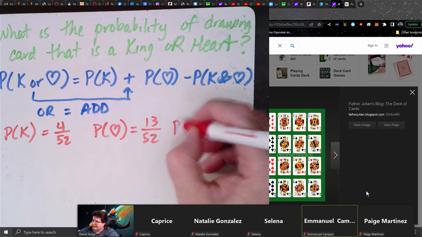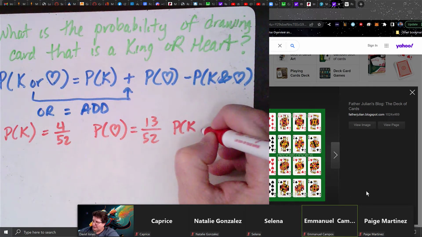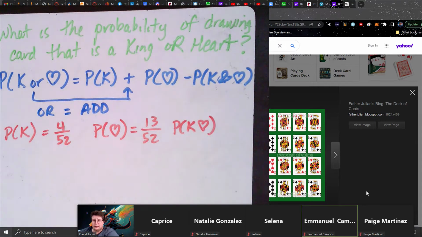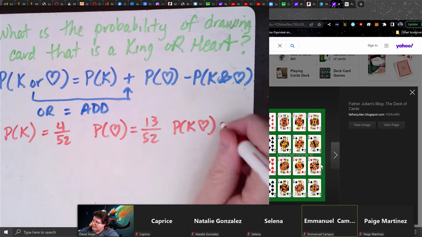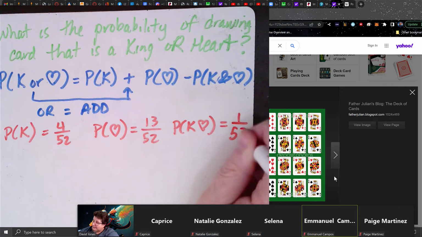And the probability of getting a king and a heart, if you look closely, this is the king of diamonds, the king of clubs, the king of hearts, the king of spades. This card is a king and a heart. So there's exactly 1 card that meets that criteria.